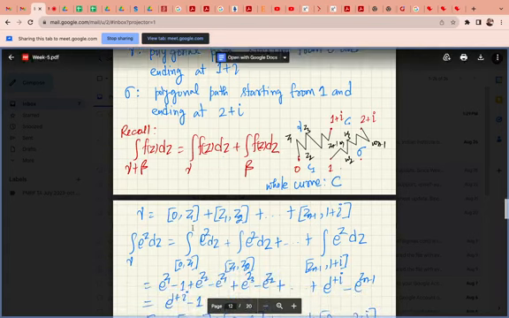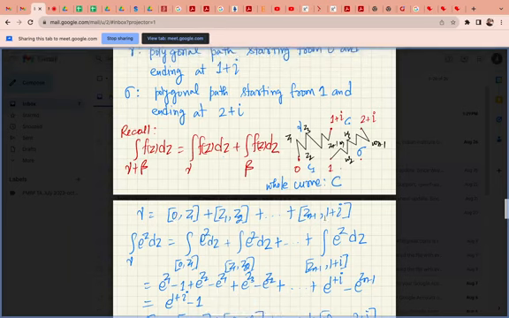Now this gamma is nothing but the line segments joining 0 to z1, then z1 to z2, and again z n minus 1 to 1 plus I.